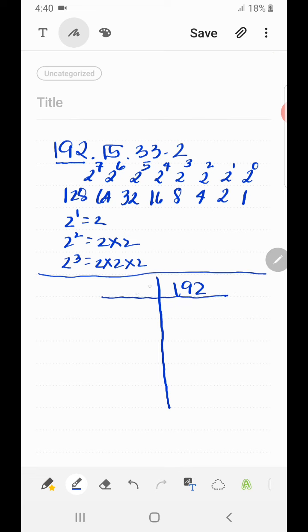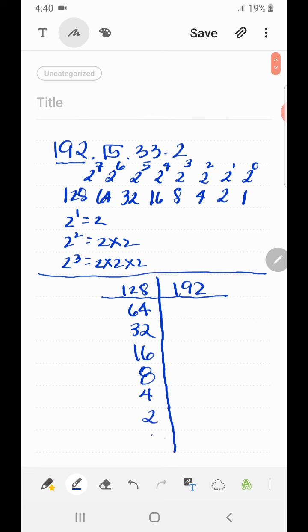This side is the number 192, and we will see how it changes when we subtract and get the group of each of the numbers here. So we start at 128 here. You write 128. Next number, 64, 32, 16, 8, 4, 2, and then 1. You have to finish the entire thing.